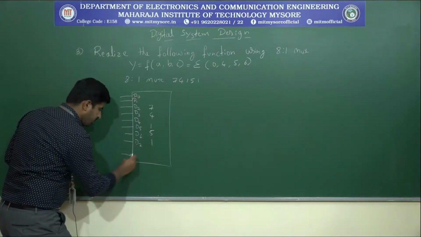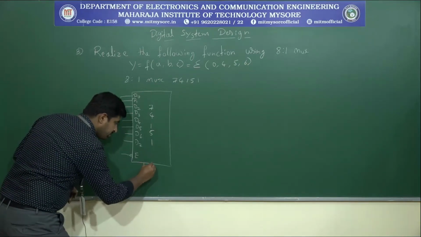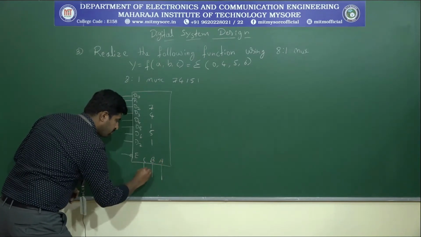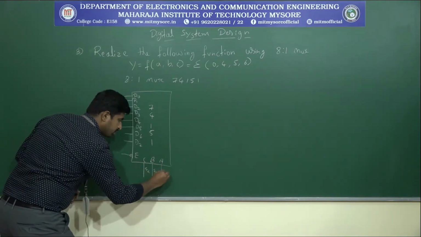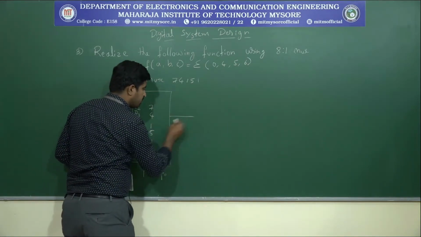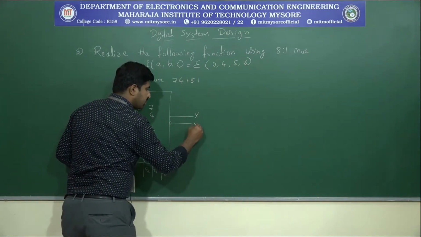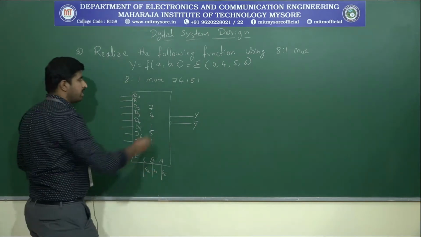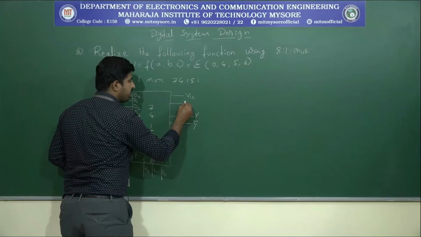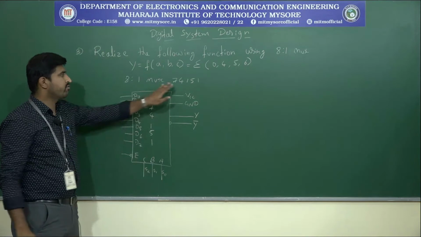It has 3 select lines C, B, A, corresponding to S2, S1 and S0. It has 2 outputs, one in the actual form and another in the complement form. And as usual, the IC is connected to the power supply VCC and ground, right?